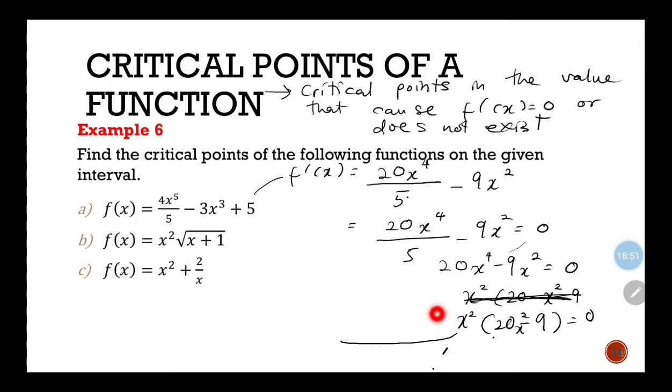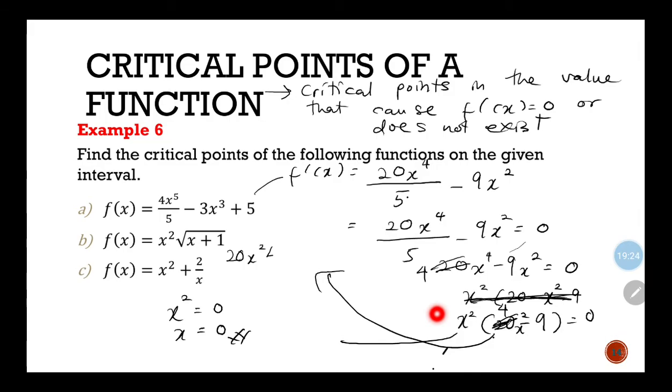Now we have two equations here. x squared equals 0, so x is 0. And another one here, oh sorry, this is not 20, this is 4, my mistake, because 20 over 5 is 4.